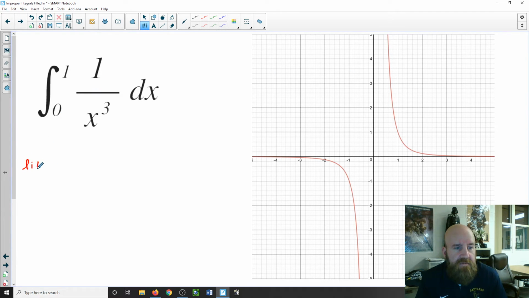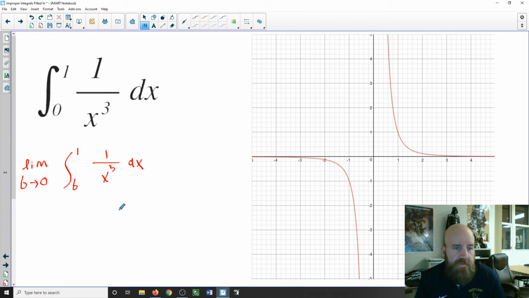So what we need to do is similar to what we did in the last problem. We're replacing the asymptote with b, so we're going from b to 1 for our integral.